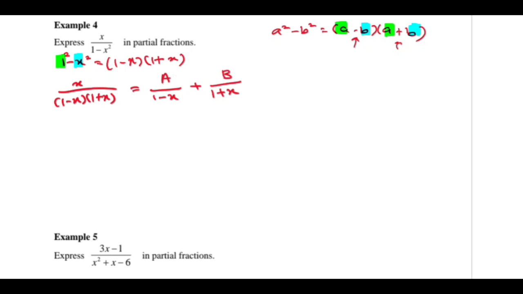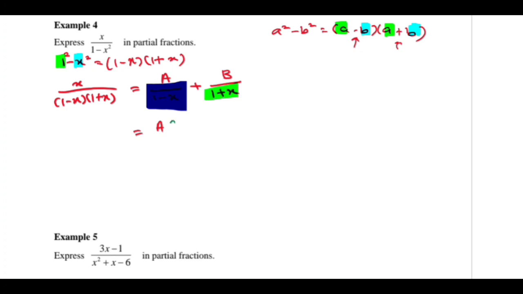Next step, remember, we have to compare the numerators. But to compare the numerators, you have to make sure the denominators are the same. And how to do that? We just have to multiply a with the other fraction's denominator. So you don't have to look at the denominator for a, just focus on the denominator of the other fraction and multiply it with a.